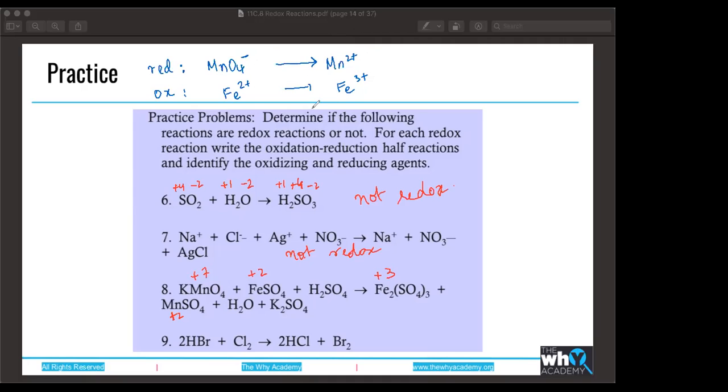Do you write minus 1 electron on the Fe3 plus side or the Fe2 plus side? You can write plus 1 electron on Fe3 plus. Either way, both of them represent the same thing.